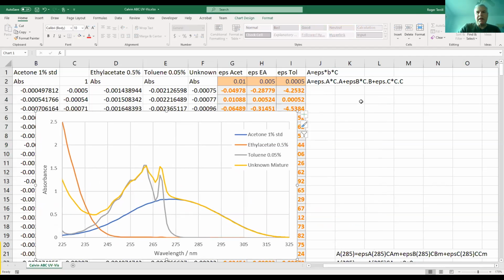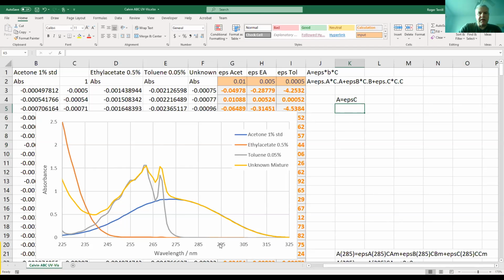So A equals epsilon C, right? That's the basic formula, right? So now we're going to use linest to get that data. Actually, I'm not going to do it wrong.